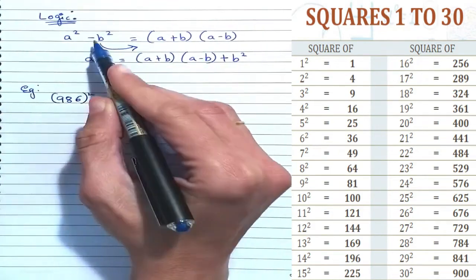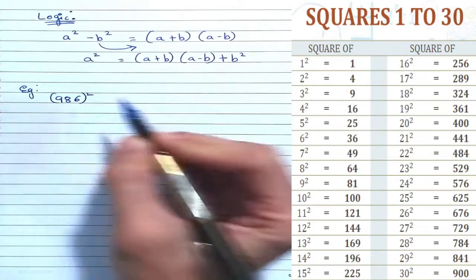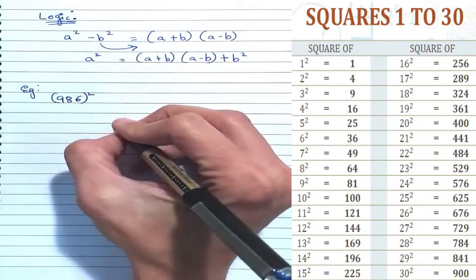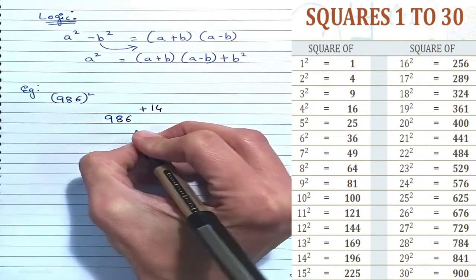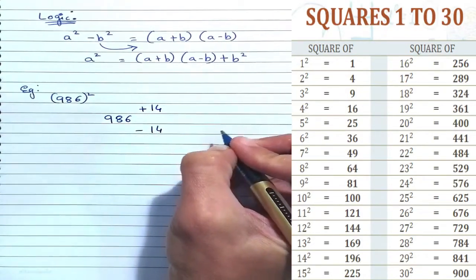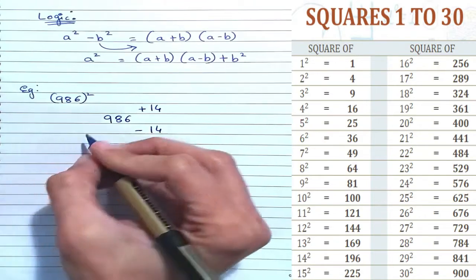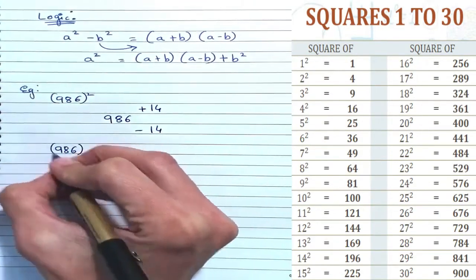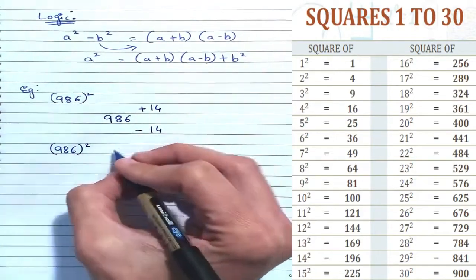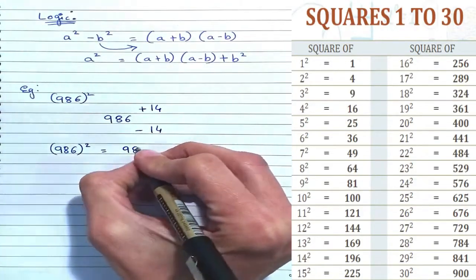If we want to do the square of 986, so 986 is my a. Now which is the closest number? 1000, and to get 1000 I'll have to add 14, right? And the number which we are adding, we are going to subtract the same number, so minus 14. So 14 is my b and 986 is my a.